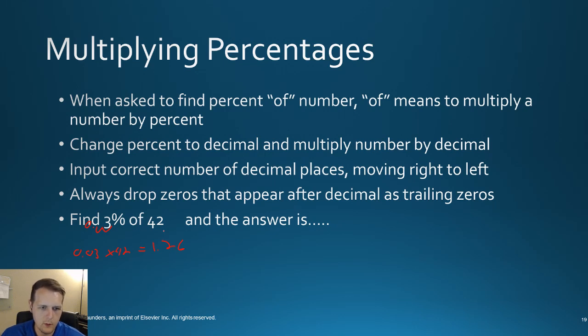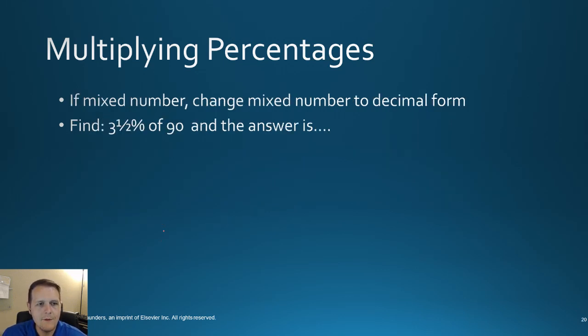So pretty straightforward. If you have a mixed number, again, you just change that mixed number over into the decimal form. So for instance, with the value 3.5% of 90, what is that going to turn into? Basically 3.5% turns into 0.035.